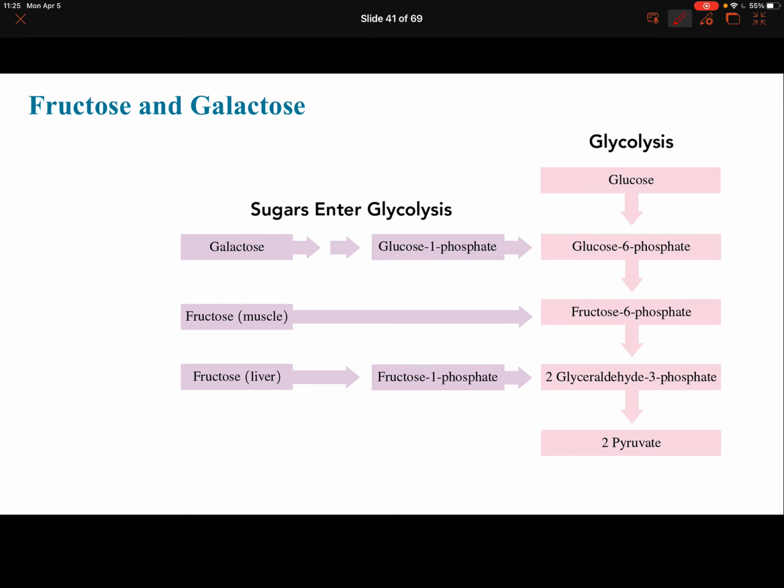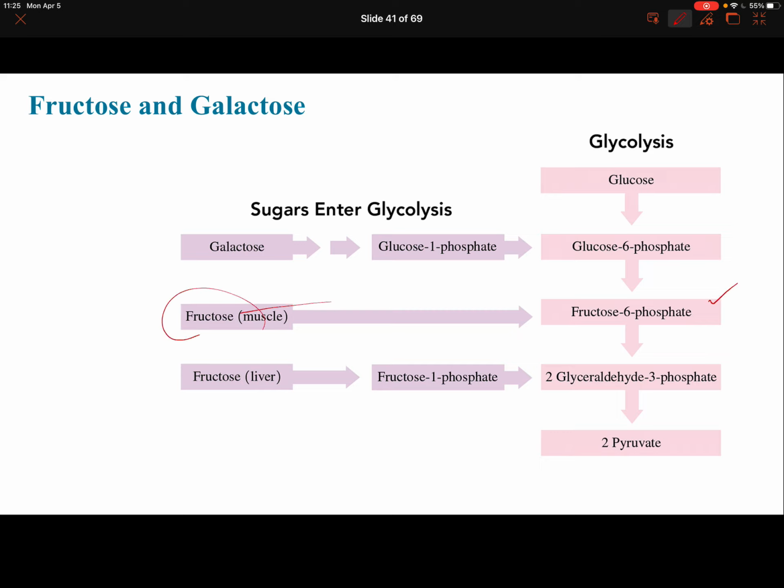Now there are other sugars that are important. Fructose and glucose we mentioned. Those have to enter glycolysis after they get converted into intermediates. So in the muscles and the kidneys, fructose gets phosphorylated into fructose 6-phosphate, which we know can enter glycolysis in reaction 3, because glucose gets turned into fructose 6-phosphate.